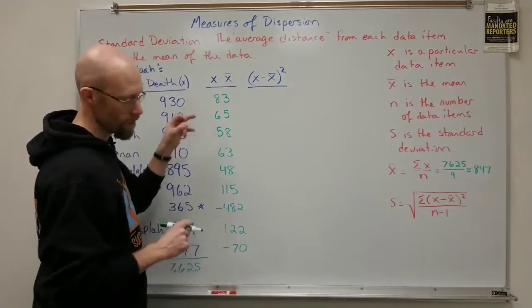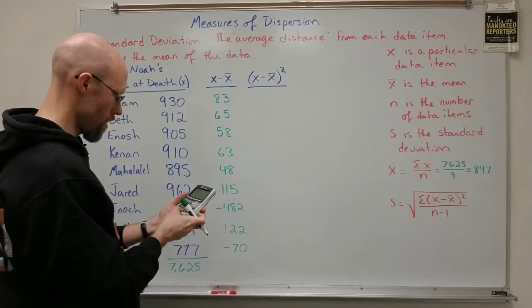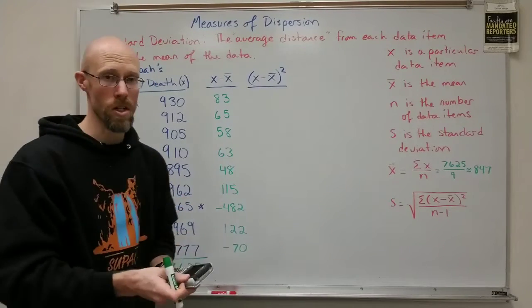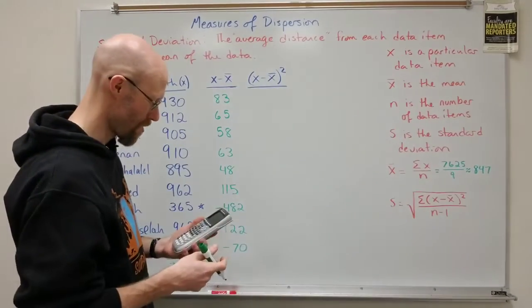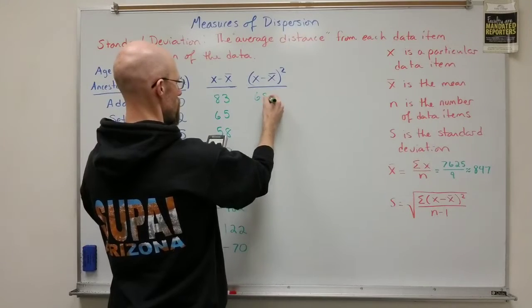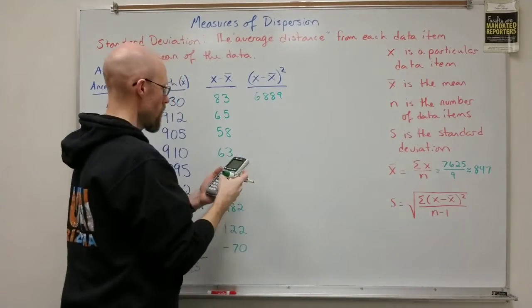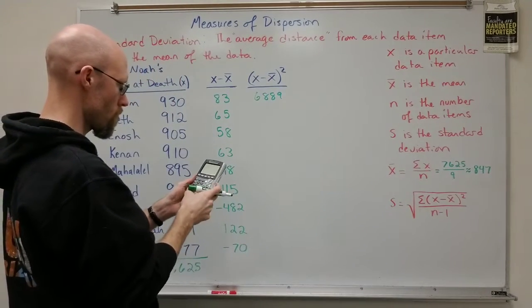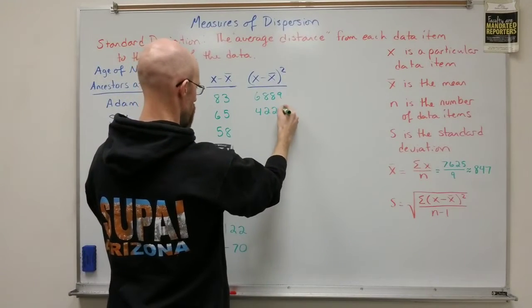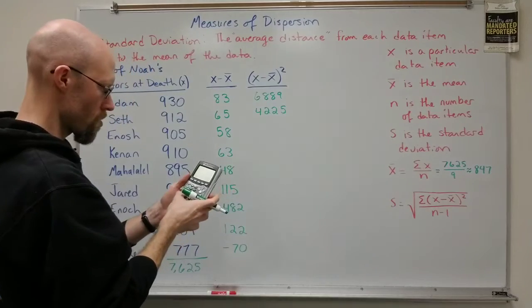So we'll do that. So now this is going to get really big. We do 83 squared. And this is where having an Excel spreadsheet is very nice, but we don't have that luxury to be able to do that right now. So 6889. Then I do 63 squared is 4225. 58 squared.